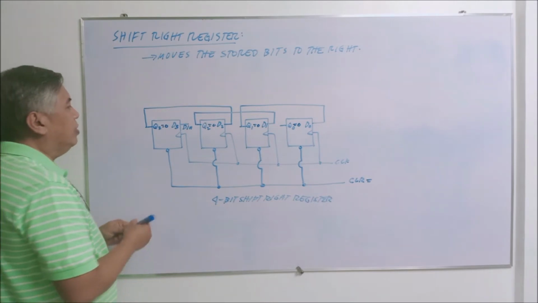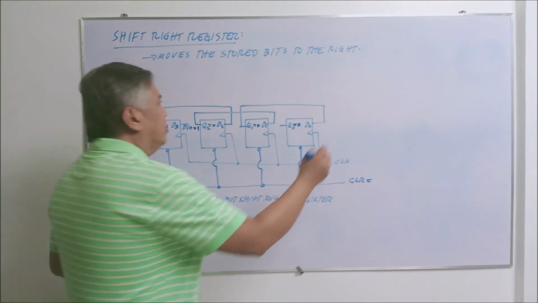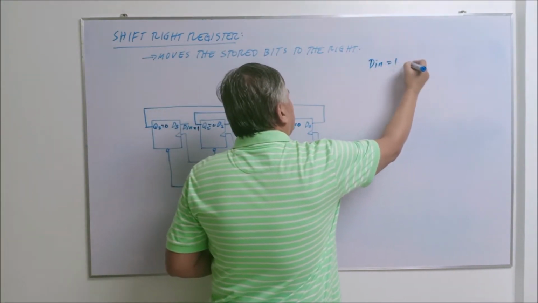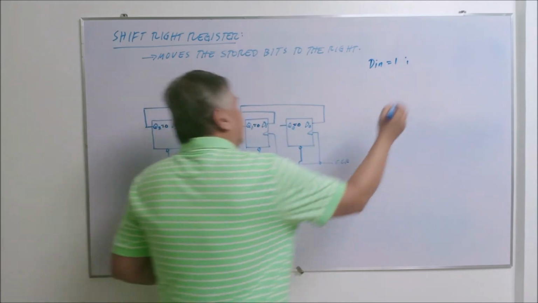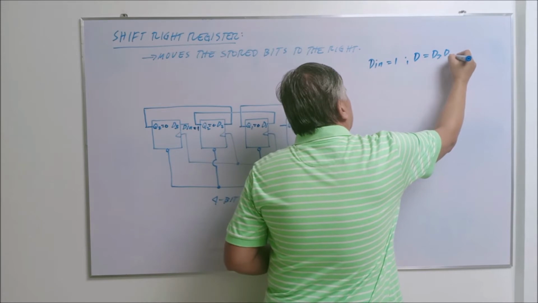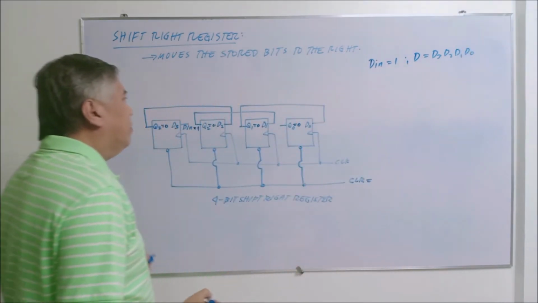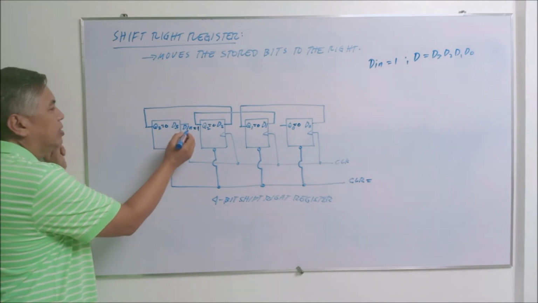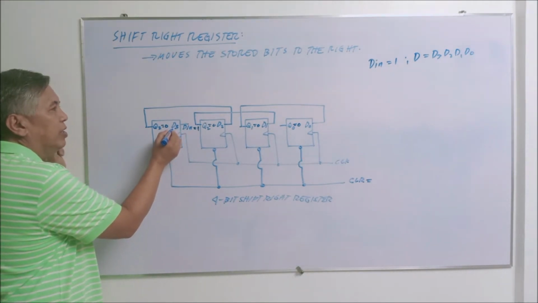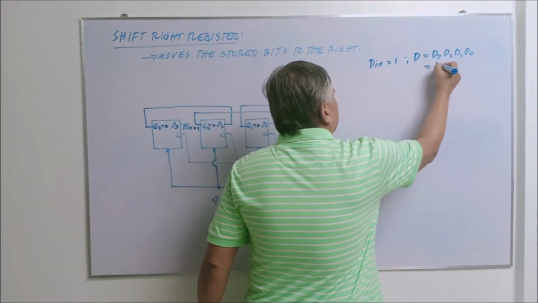Assuming that your D input is equal to 1, what will now be your D3, D2, D1, and D sub 0? Your D input is directly connected to D sub 3, therefore D sub 3 is equal to 1.